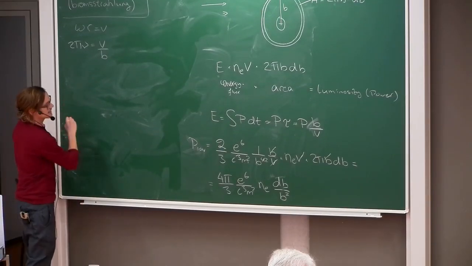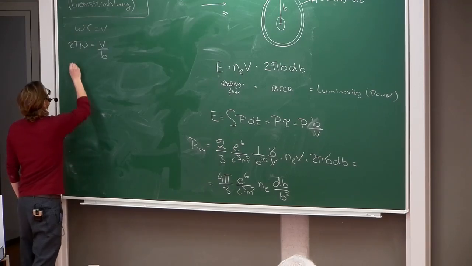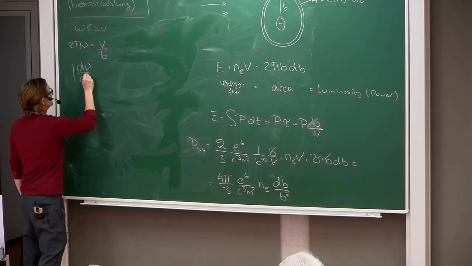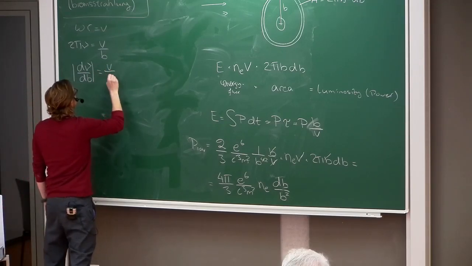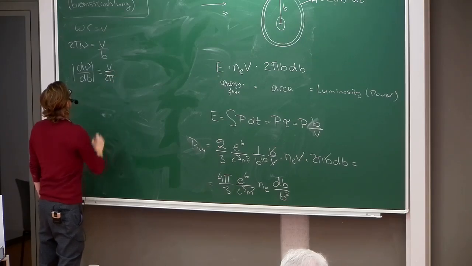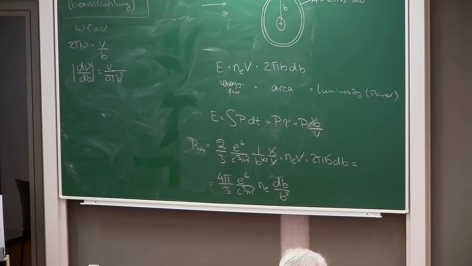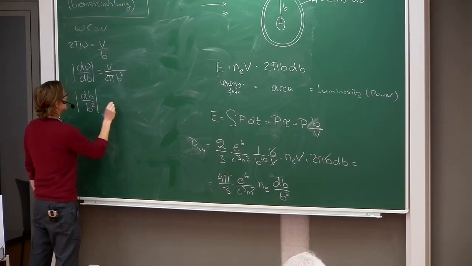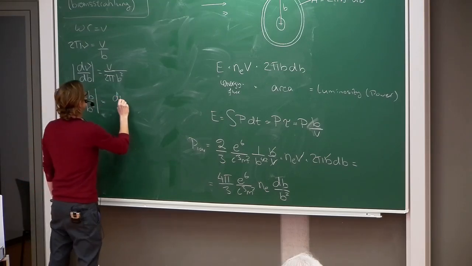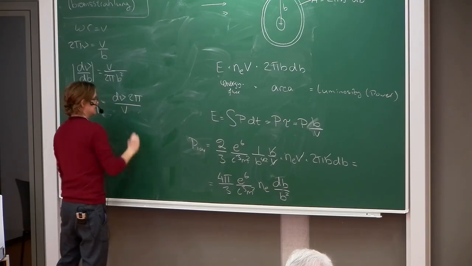Now, that then means that the new db is going to be v over 2 pi times b squared, or db over b squared is going to be the new 2 pi divided by v.